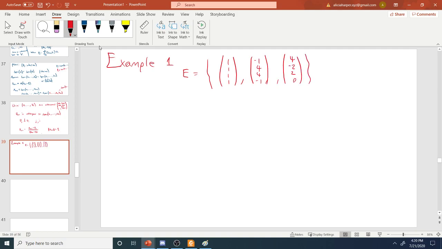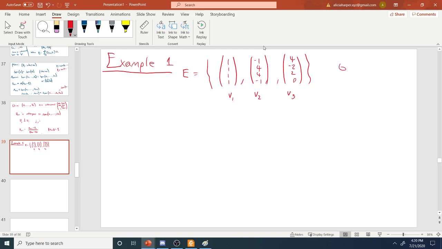So these three vectors form a basis for a subspace of R4. I'm going to call them V1, V2, V3, and I'm going to apply the Gram-Schmidt process to produce an orthonormal basis for the subspace they span.